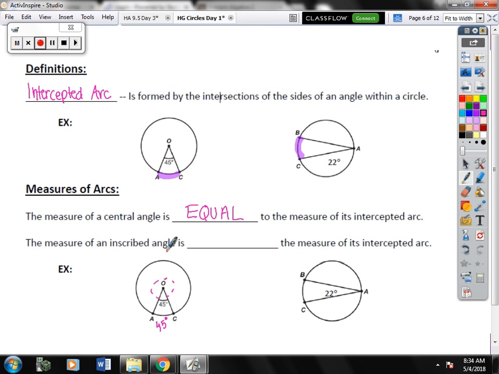The inscribed angle is not the same. Okay, the measure of an inscribed angle is going to be 1/2 of the measure of its intercepted arc.